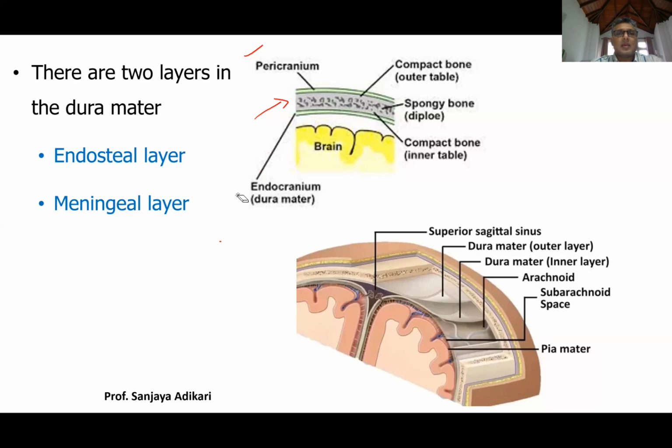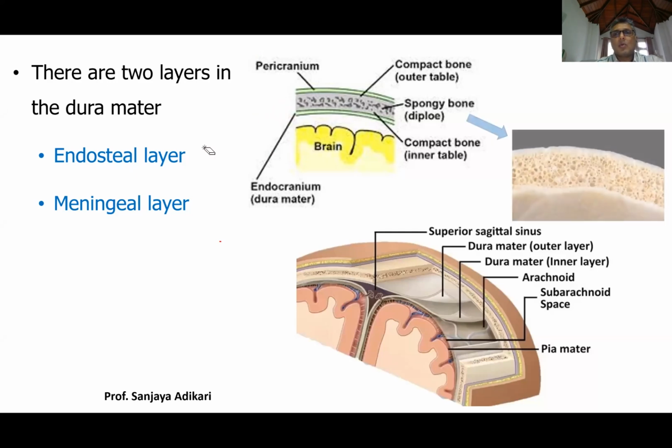And this endocranium is none other than the endosteal layer of Dura mater. That's what it says, Dura mater here. So when we define Dura mater as having 2 layers, the endosteal layer is actually the endocranium of the vault of the skull bone there.